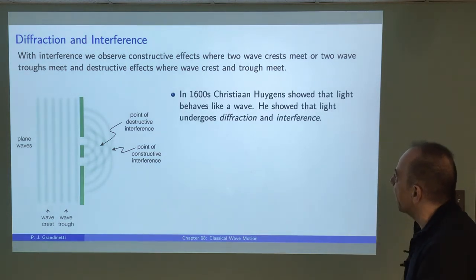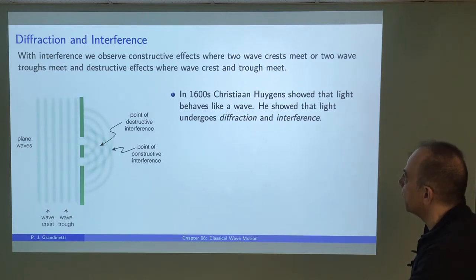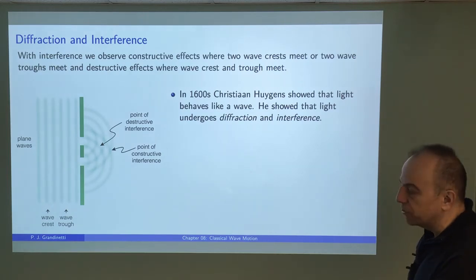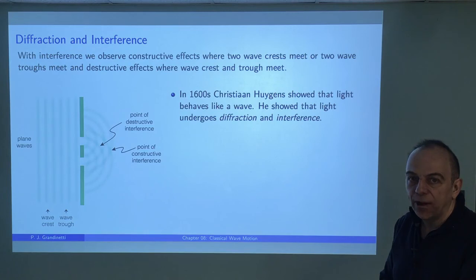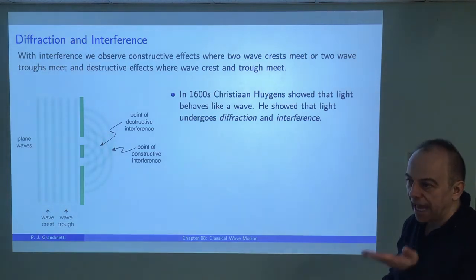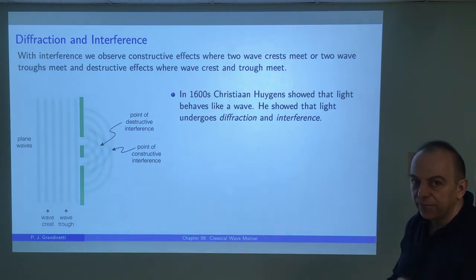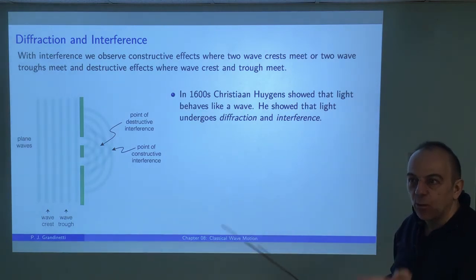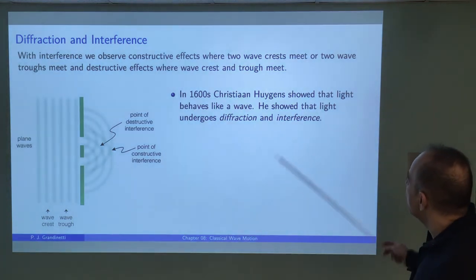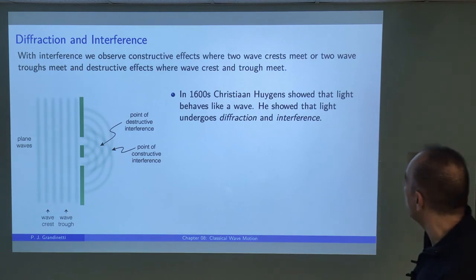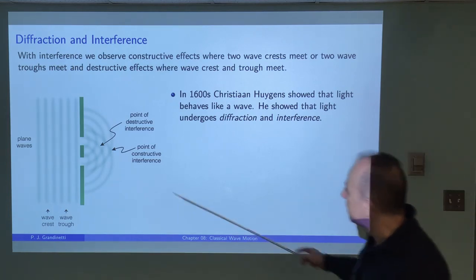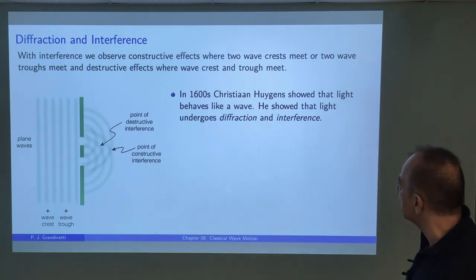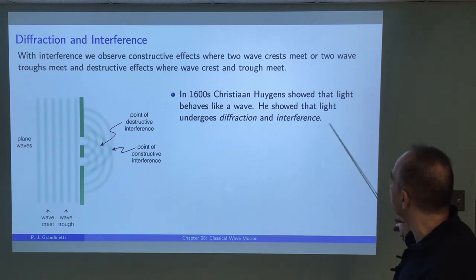What's interesting about these properties of waves and everything we've learned so far is that all of the waves we looked at required some mechanical medium that had some equilibrium value, and the wave was some oscillation in that medium, displacing it away from equilibrium as the wave propagated through. In the 1600s, Christian Huygens found that light diffracted and had constructive and destructive interference.